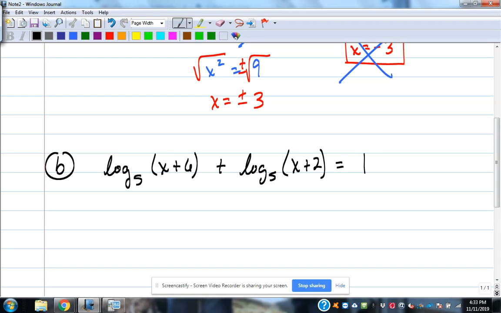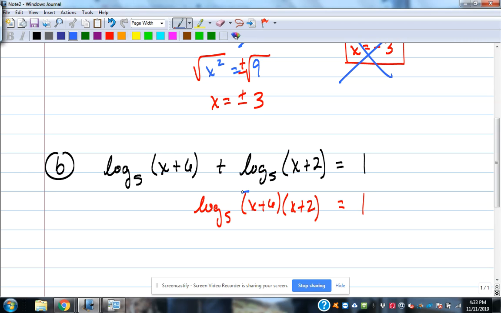All right, so this one, you've got 2 logs on the same side and then a plain number on the other side. So on the left-hand side, it's pretty obvious we could condense that. And that becomes what? Multiplication. So it's going to be log base 5 of x plus 6 times x plus 2 is equal to 1.